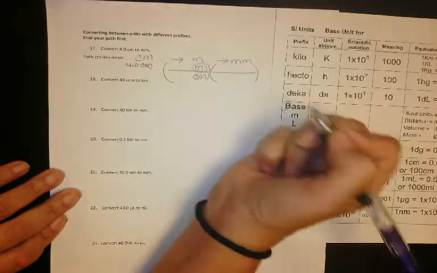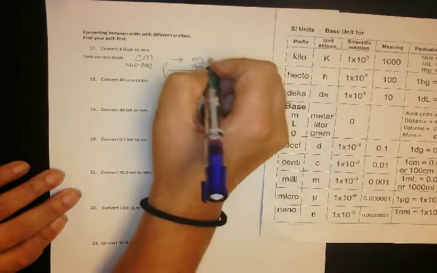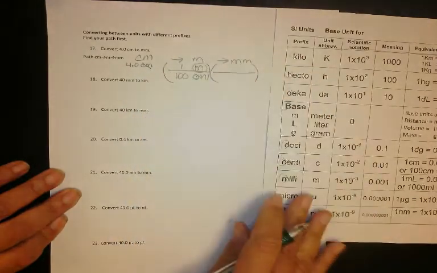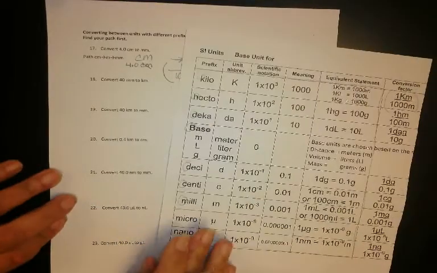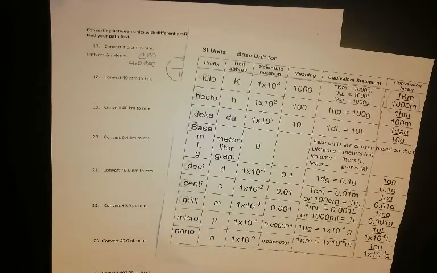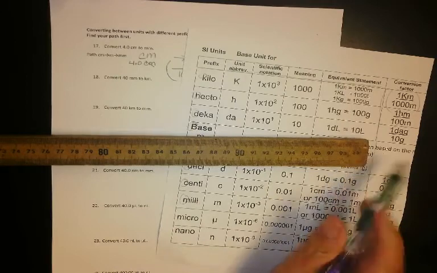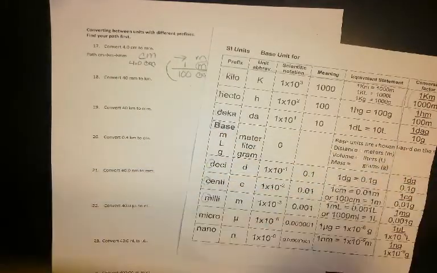I'm left with meters. Now, I am going to say that in 1 meter, I have 100 centimeters. That's because that's how I remember it. Okay, I have a meter stick here. And my meter stick goes to 100 centimeters. So in 1 meter, I have 100 centimeters.